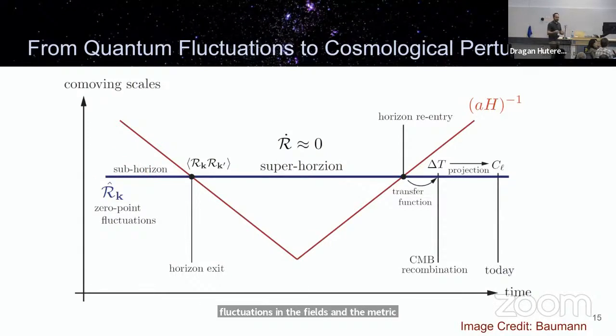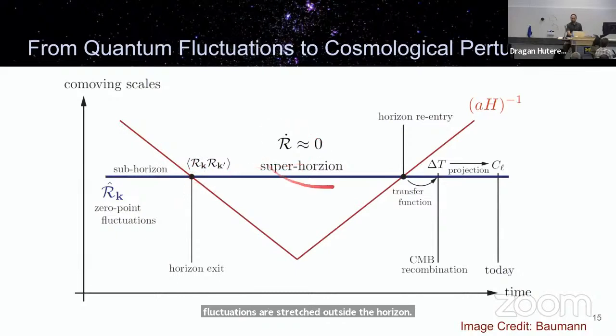Those quantum fluctuations are produced on very, very small scales, but they naturally grow with the expansion of space. Their wavelengths are stretched with the expansion of space, while the Hubble sphere is shrinking during inflation. And so what started as very sub-horizon quantum fluctuations are stretched outside the horizon. They go through horizon exit.